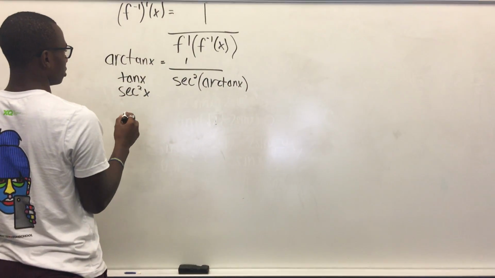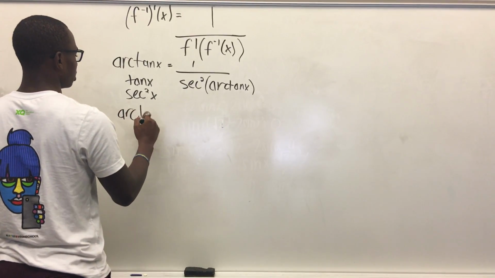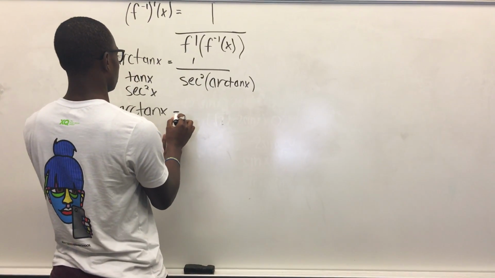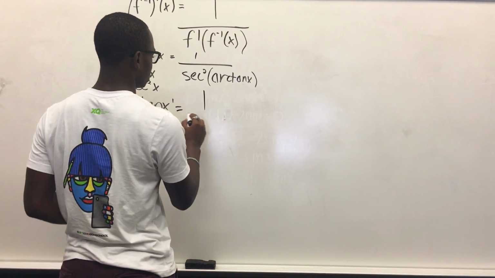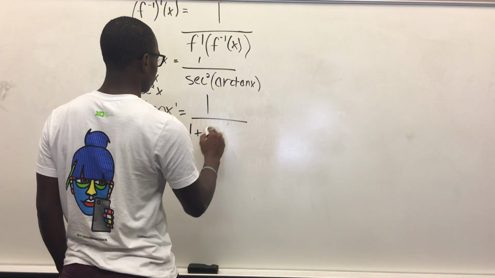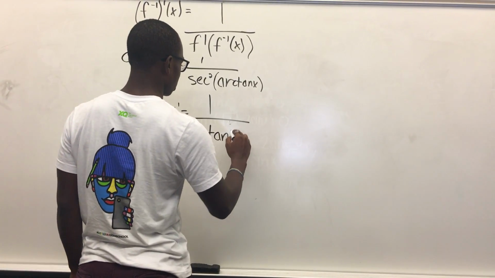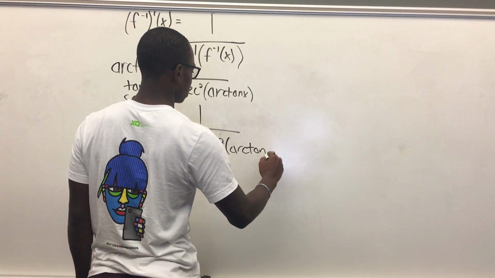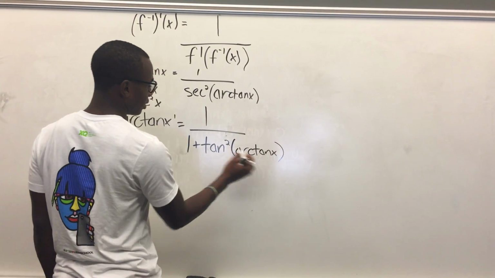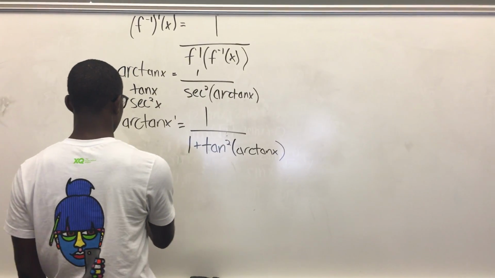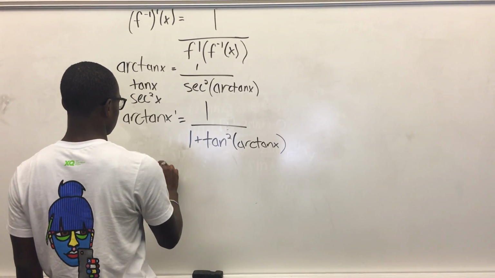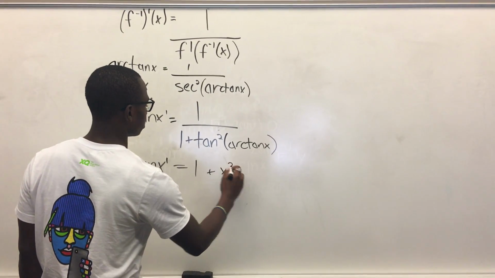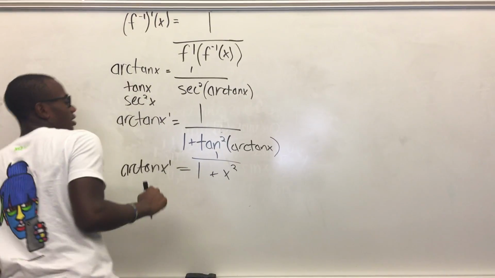And to get the derivative of this, you would substitute out secant squared for 1 plus tangent squared of arctan of x. That and that would cancel out, and so what you would get left is that the derivative of arctan is equal to 1 over 1 plus x squared, sorry.